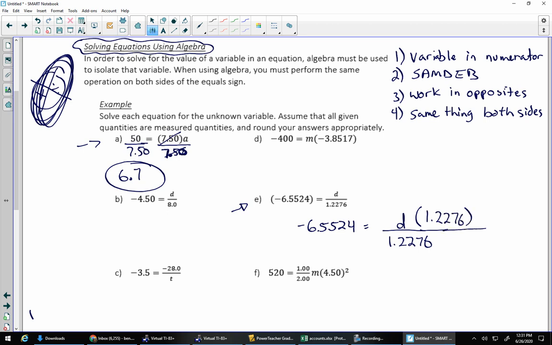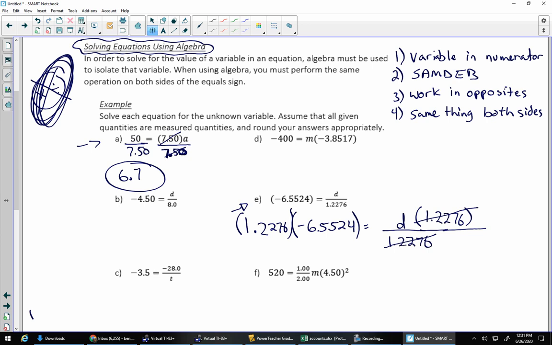Notice no x's or anything for multiplying. What I do to one side, I have to do to the other side. So let's put that in brackets, times 1.2276. Excellent. 1.2276 divided by 1.2276 cancel out, and I've got D all by itself on that side.